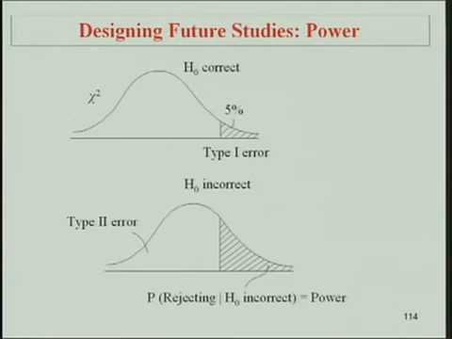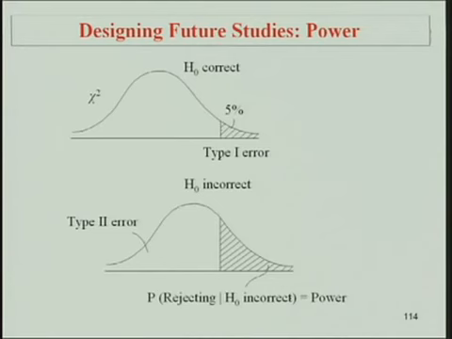Type 1 error is rejecting a model that's correct. So if you have a model that's correct and generate 100 data sets from that model, you would tend to reject it 5% of the time just because of the variation, in this case with the chi-square test.